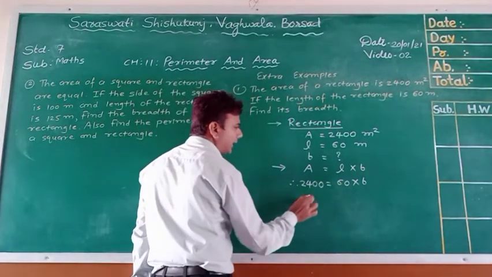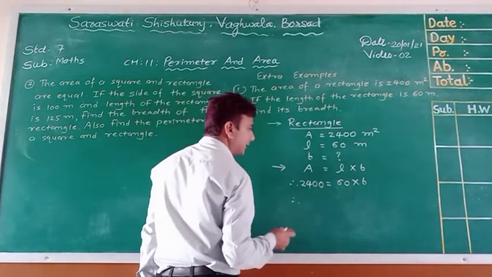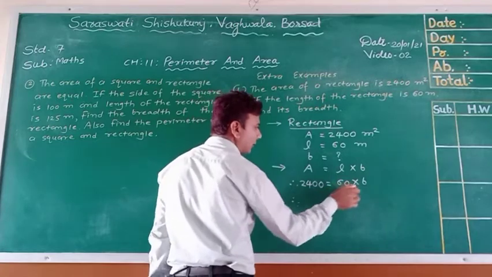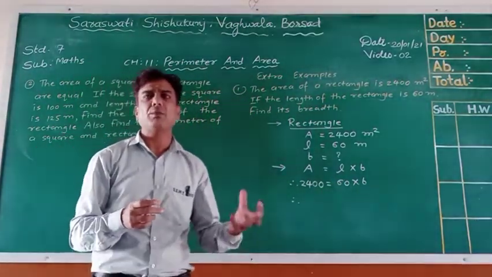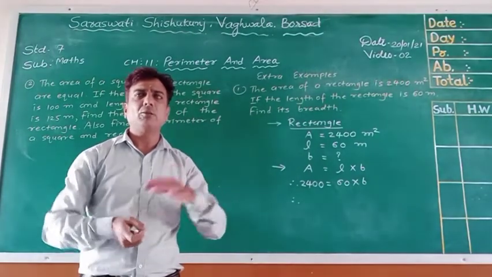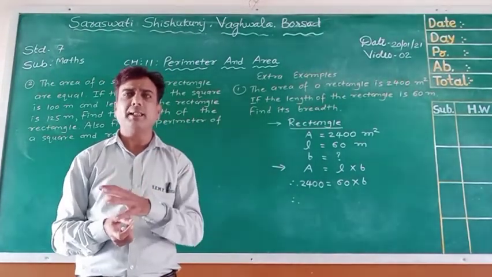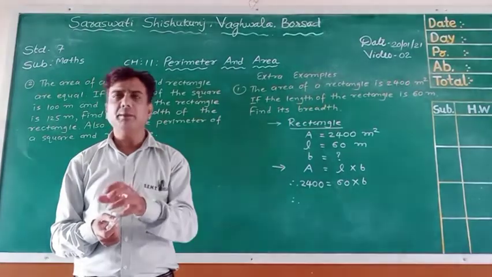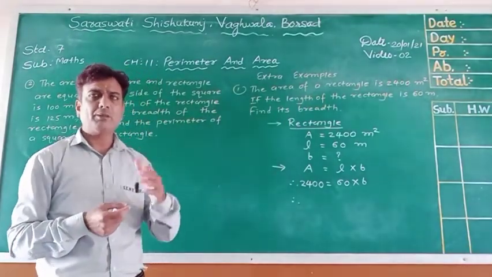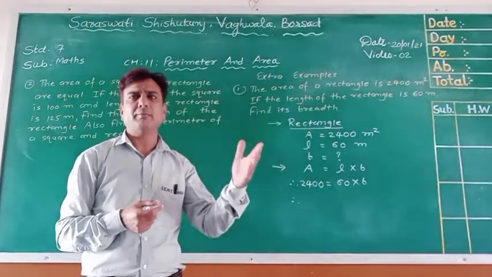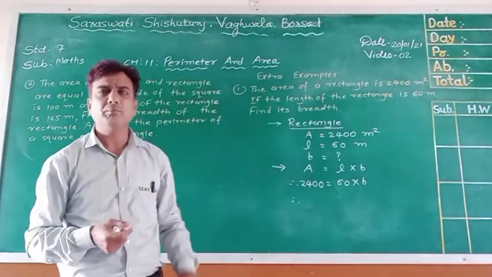So 60 is going downside. Whenever we change the place, it will go downside because both have a multiplication relation. If there is a multiplication relation and we transfer it from one side to another, it will go downside. Multiplication will become the denominator, and the denominator becomes the numerator. And plus going to that side becomes minus, and minus going this side becomes plus.